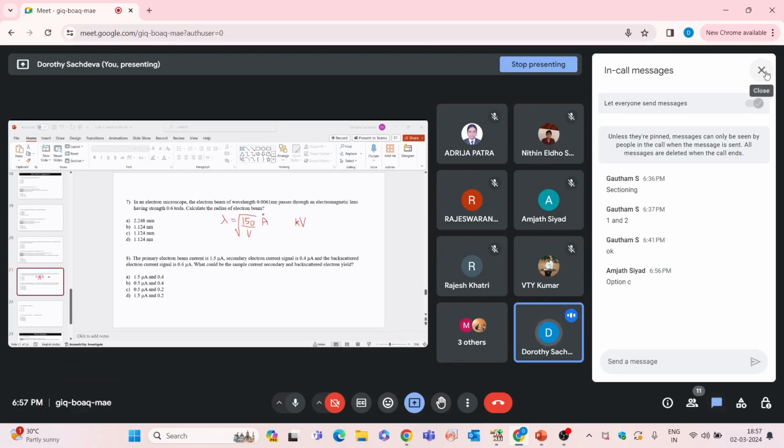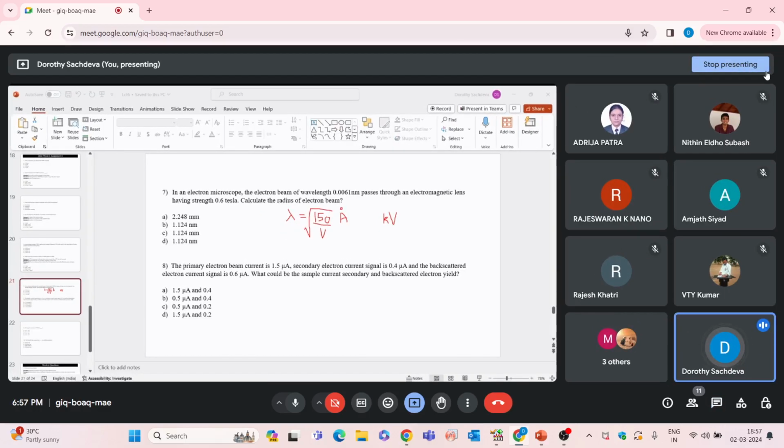Amjad says option C is the correct one. We are till now calculating the voltage, Amjad. The energy of the electron. We haven't reached the radius. I was asking about the voltage.